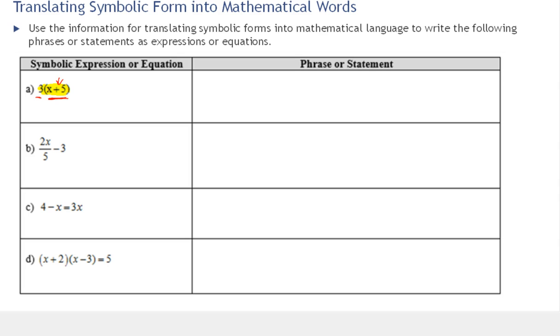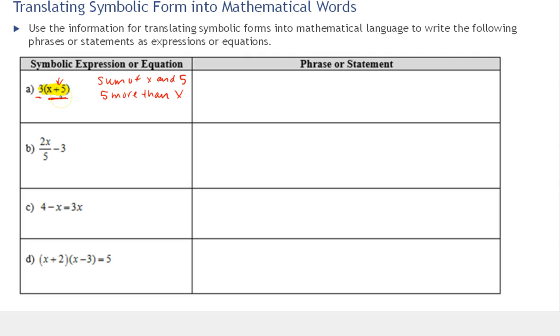We can write the sum either as the sum of x and 5. Or it's a little bit easier sometimes to write this as 5 more than x, which implies a sum. Okay. So we want the product of, the first factor is 3.